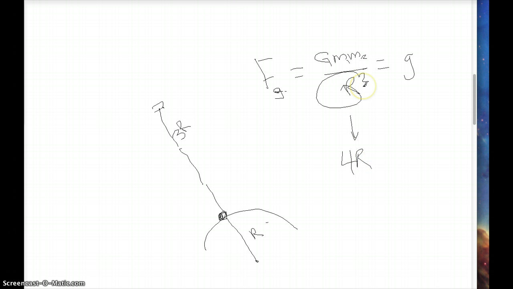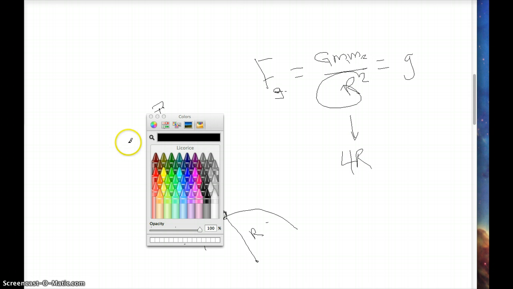Remember that anything that goes in place of this r in this equation changes the force of gravity by the square of the inverse of that number. So if we change this r to 4r, that's going to change the force of gravity by something different. It's not going to quadruple it, and it's not going to make it go down by 4 either.